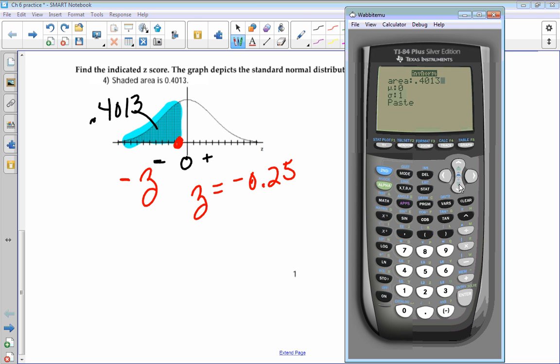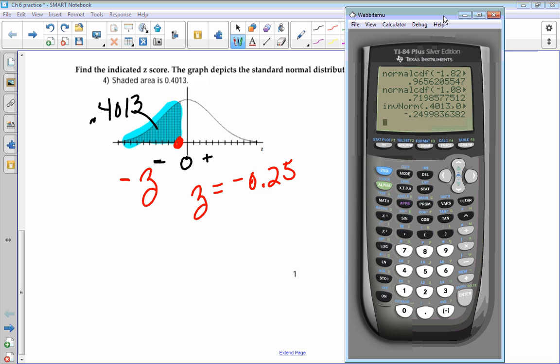And I know that mu is 0 and standard deviation is 1 because it's still normal standard distribution. So I'm going to press my enter. Those of you with the other operating system, you'll see right there that you're going to still come up with that button. It's going to have that open parenthesis. You're going to type in 0.4013, comma, 0 for your mu, comma, 1, and close your parenthesis and hit enter.